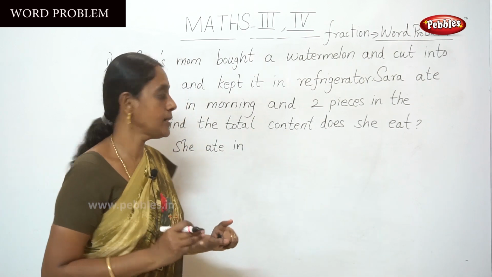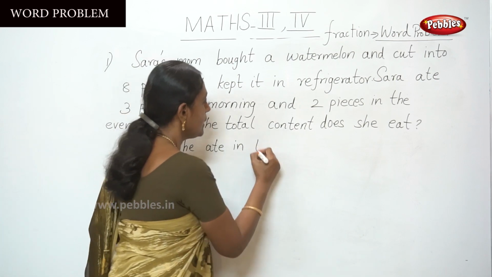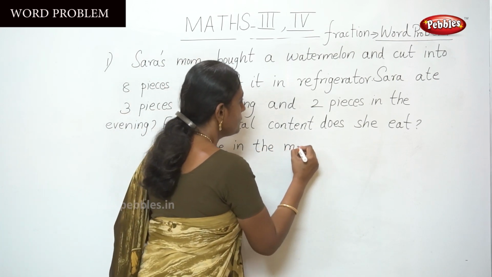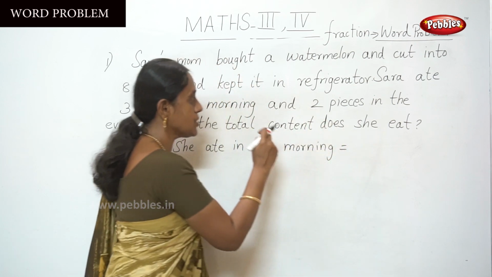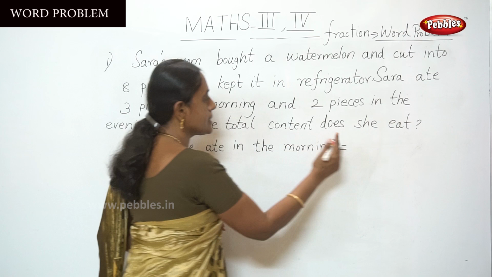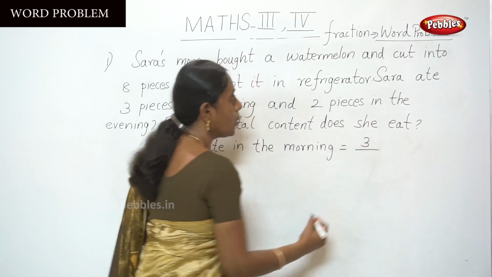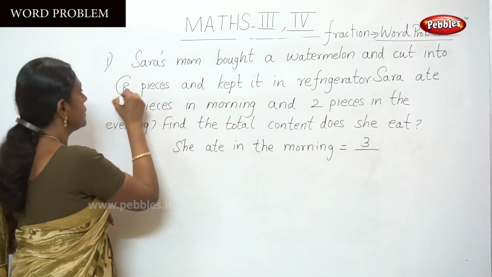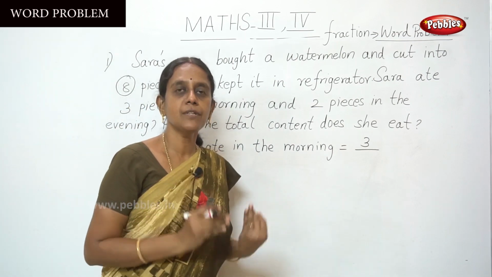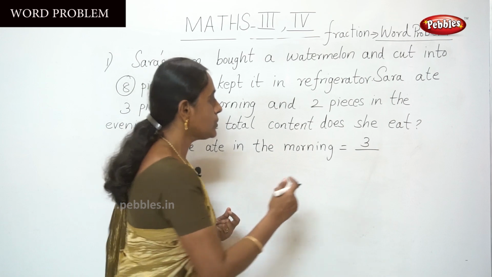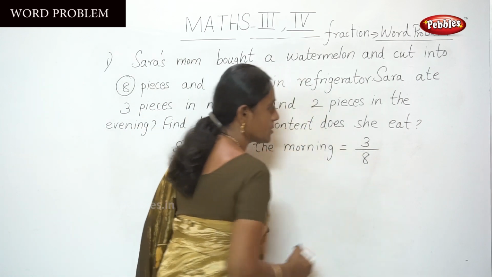Okay, do you understand the term? She ate in the morning is equal to the number of pieces she ate, that is 3, over the whole portion, the total number of pieces inside the fridge, that is 8. So 3 by 8.